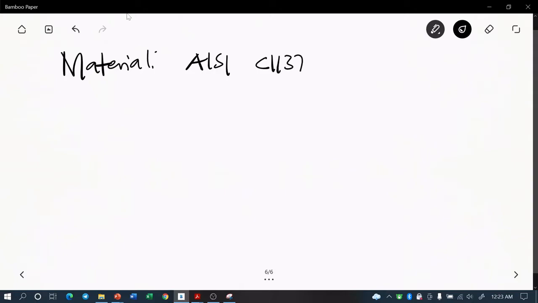The given material is AISI C1137, or as mentioned in the problem simply 1137, but they are basically the same, and specifically the condition is annealed. While watching this, I recommend you look up the table in the appendix.